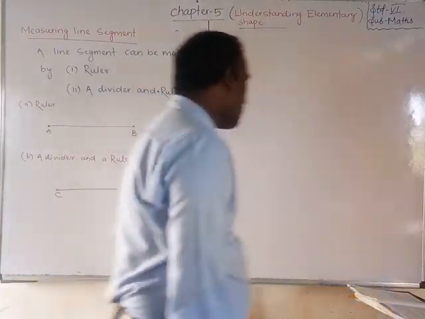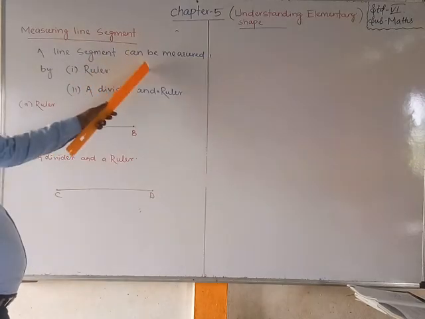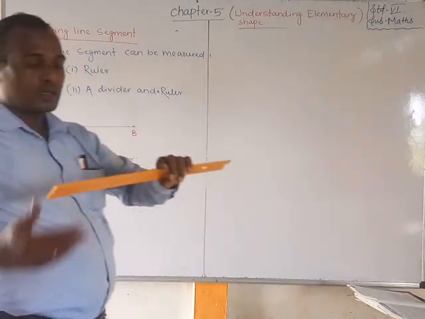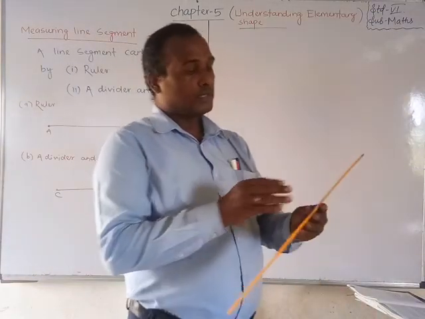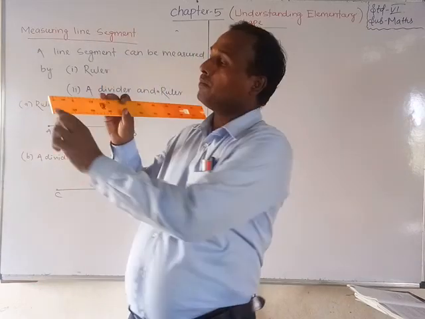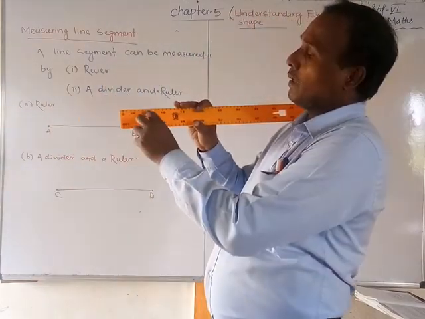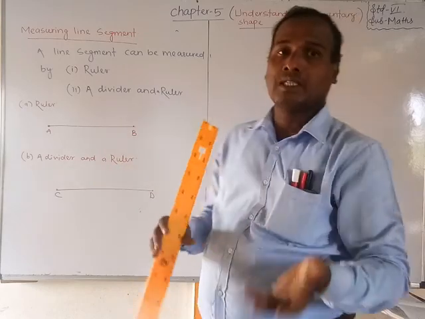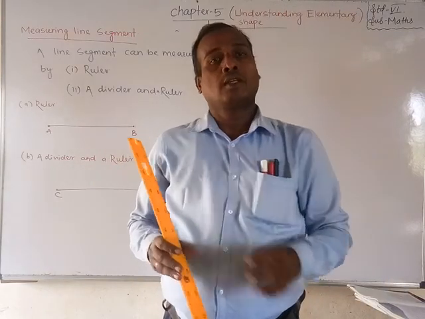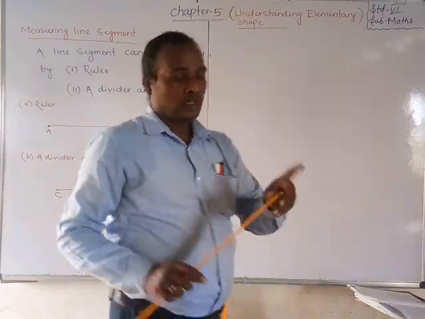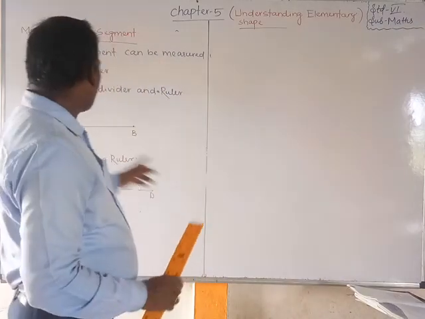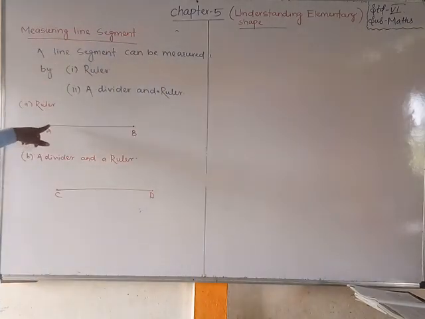So the first method, how will we measure the line segment? By ruler. Ruler means scale. Observe, friends, from here to this side is 0, 5, 10, 15, 20, and inside your scale also 0, 1, 2, 3, like that. First of all, you must coincide this 0 with the initial point.